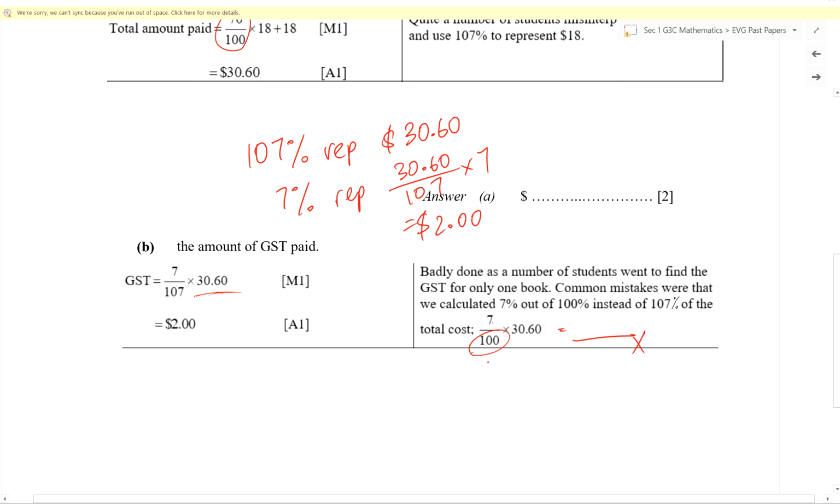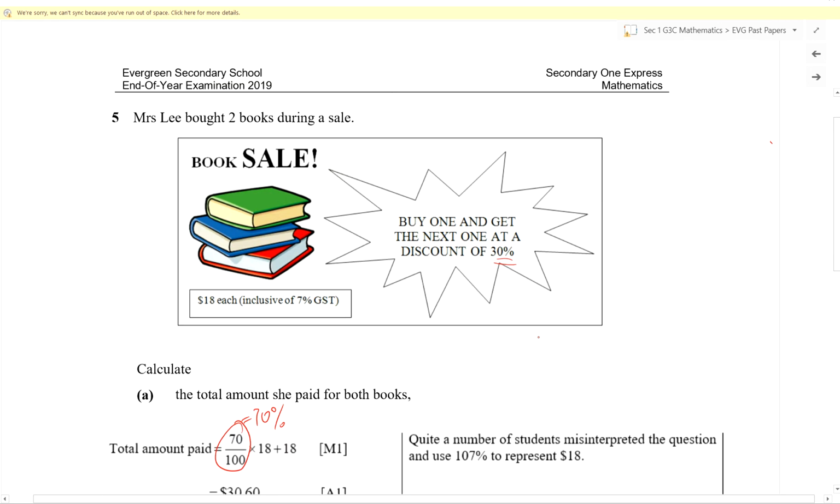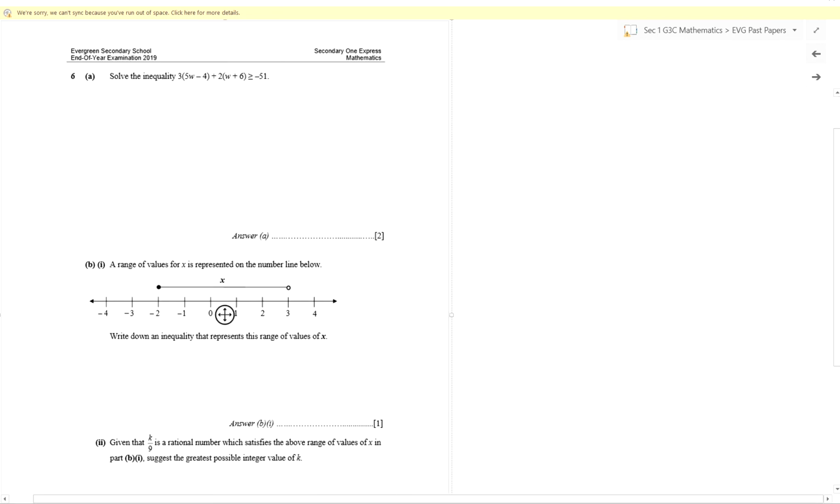If you divide by 100, you are saying to me that the GST was not inside 30.6. But the GST 7% is inside the 30.6. The 100% represents the original without GST. So when you add GST, it becomes 107%.